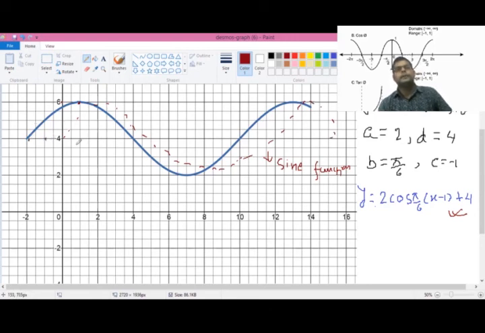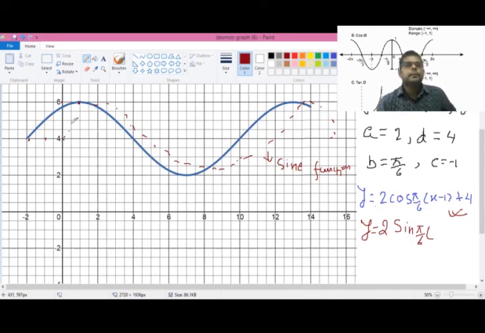So if you consider this to be the sine graph, what would be our equation? It is y equals 2 sine pi by 6. Here we have x minus 1 for cos, because it has shifted one step right. But if you consider this graph to be sine, sine has value 0 at 0 degrees, so this is about 0 degrees over here.